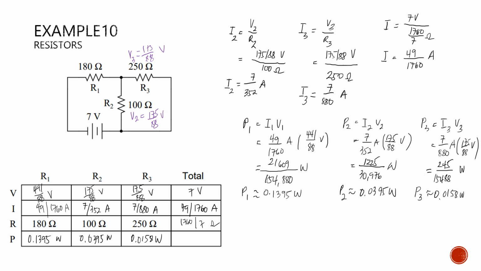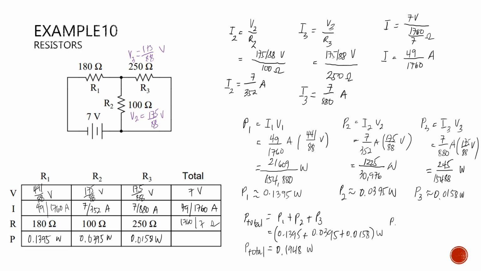Okay, so for total P, we're going to use P1 plus P2 plus P3, so that's 0.1395 plus 0.0395, and you can store the values in your calculators. So this is just an approximation. 0.1948 watts.